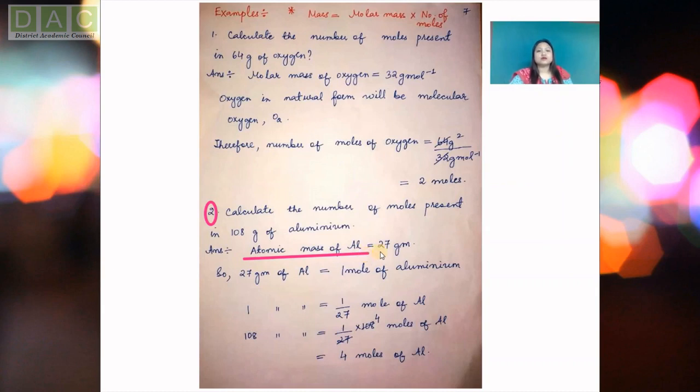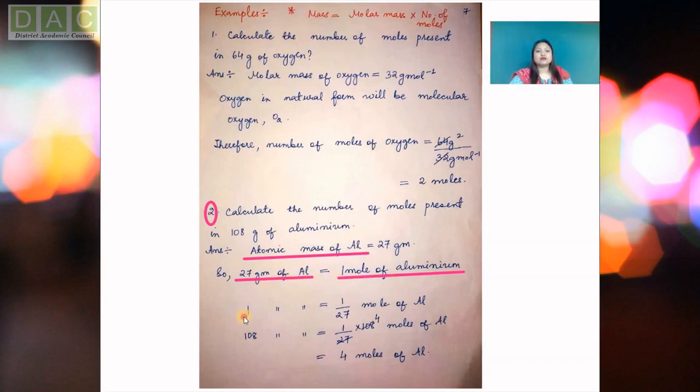Aluminium gram atomic mass is 27 gram. So since we know that 1 mole of an element is equal to the gram atomic mass, the gram atomic mass of aluminium is equal to 1 mole.